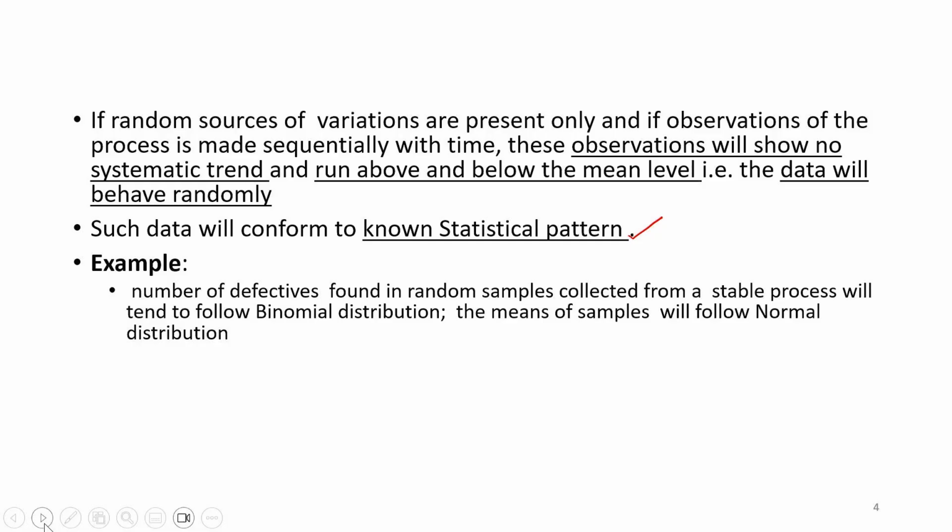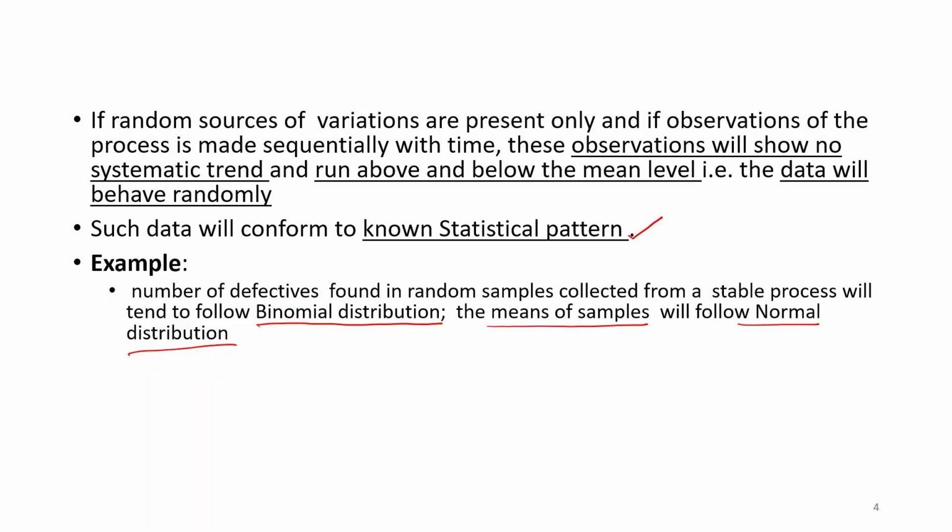Example: the number of defectives found in a random sample collected from a stable process will tend to follow binomial distributions. Similarly, the means of samples will always follow normal distributions.